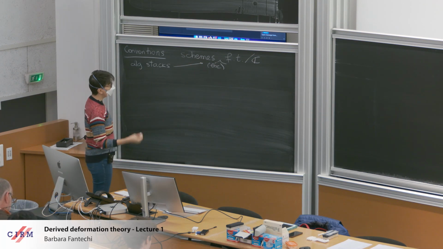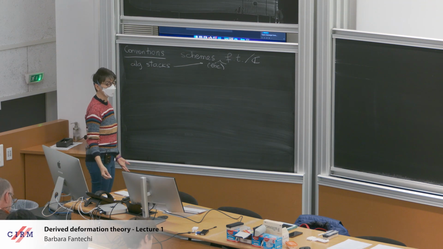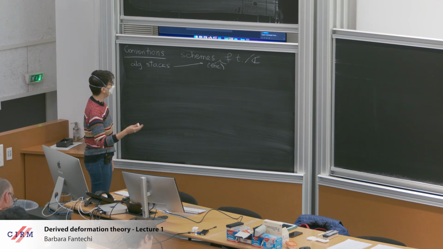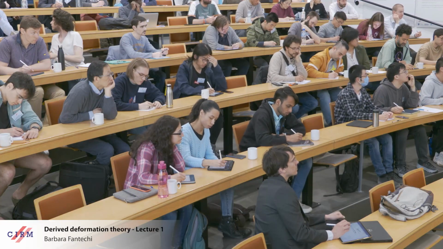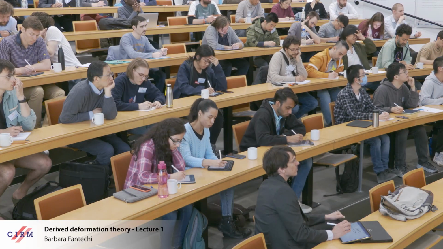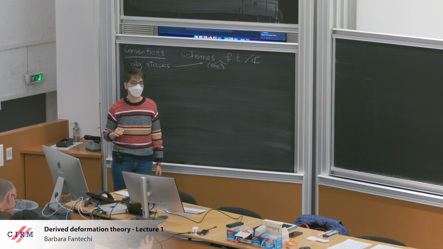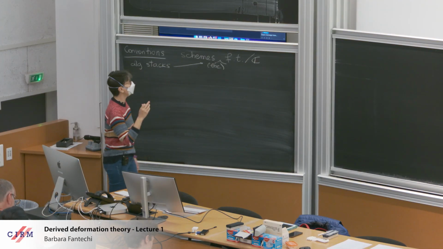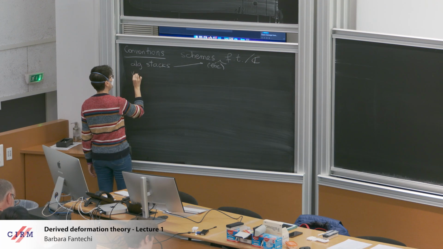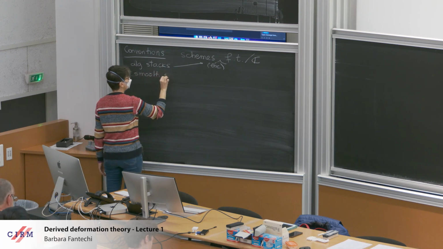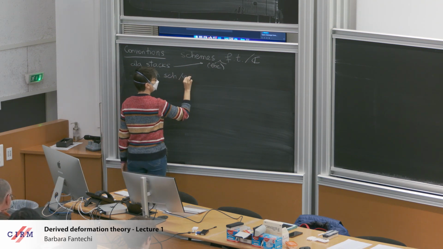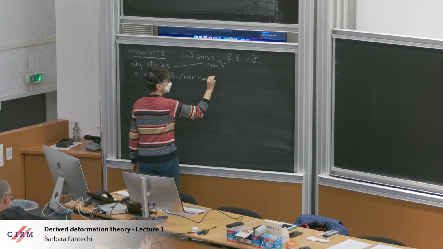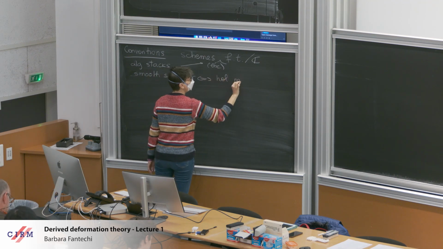And I will very often have smoothness assumptions. So our infinitesimal deformation theory has an algebraic side, but also a complex holomorphic side. And so often I will use that smooth schemes or complex smooth varieties will be the same as holomorphic manifolds.